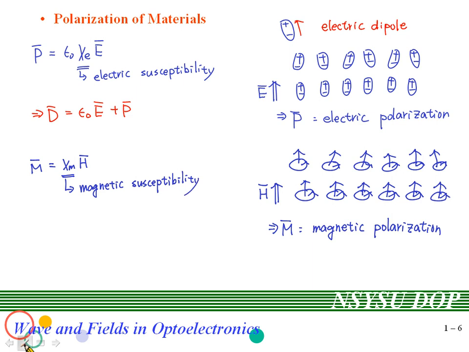And after finding out the M, the B field can then be expressed as mu 0 times H plus M. So these two define the relationship between D and E and between B and H in the dielectric. So these two are the constitutive relationships of a dielectric.